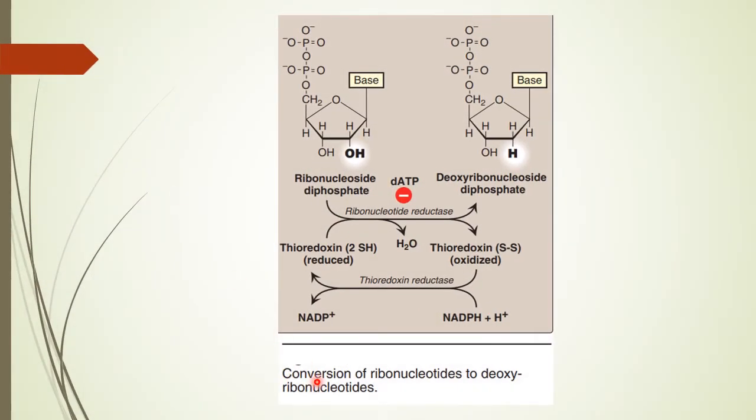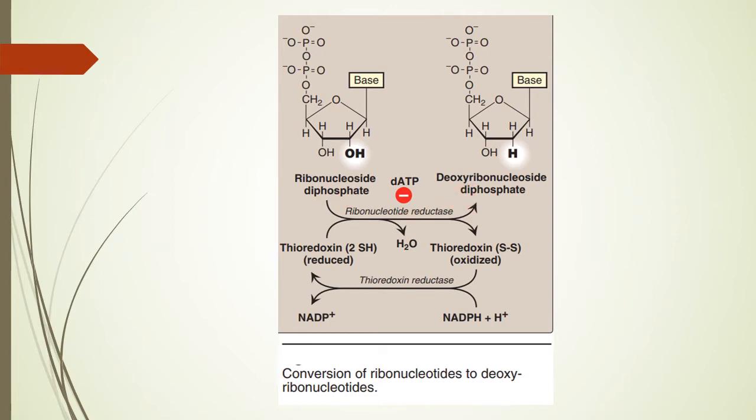This figure is explaining conversion of ribonucleotides to deoxyribonucleotides by ribonucleotide reductase enzyme. So you always need ribonucleoside diphosphate whenever you have to create deoxyribonucleoside diphosphate.